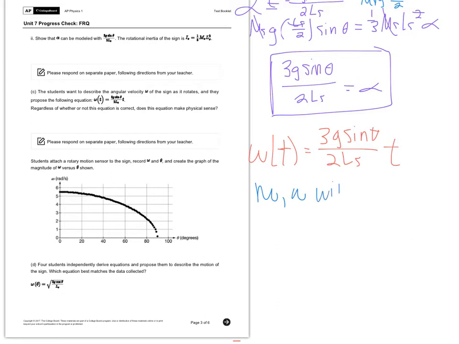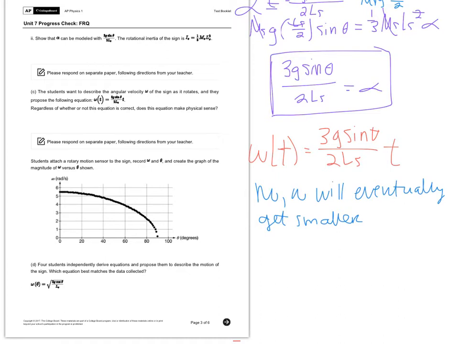Omega will eventually get smaller. And then the second point is for saying that this equation only shows omega increasing.